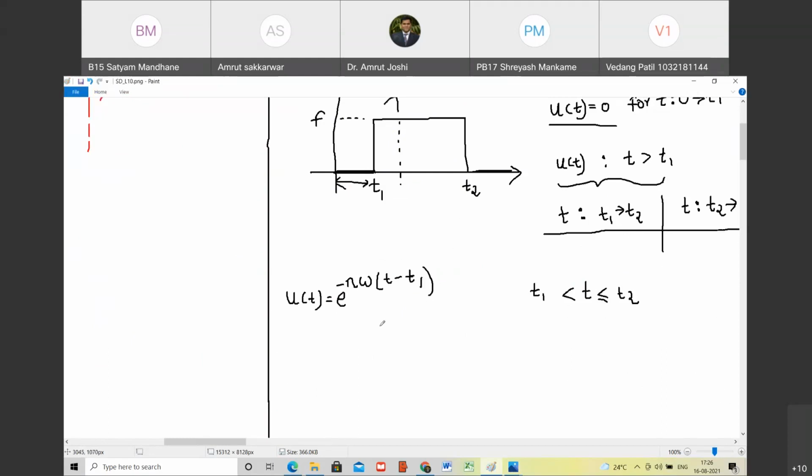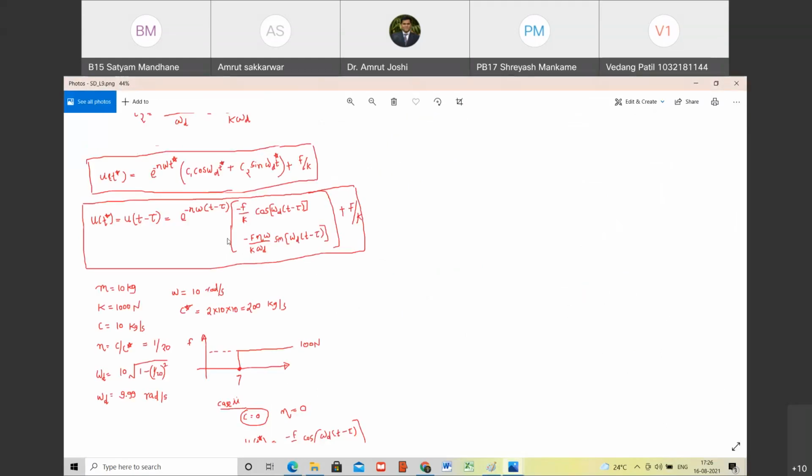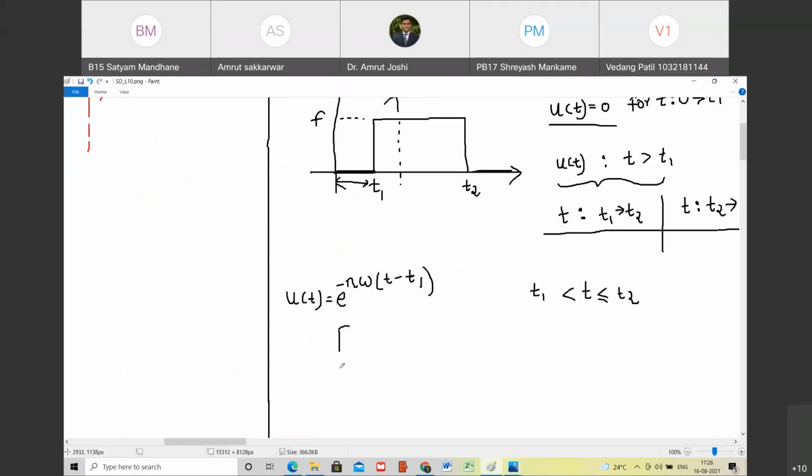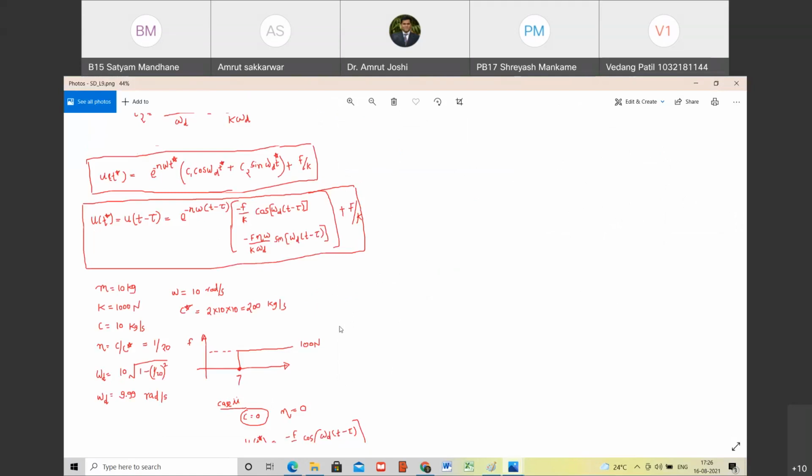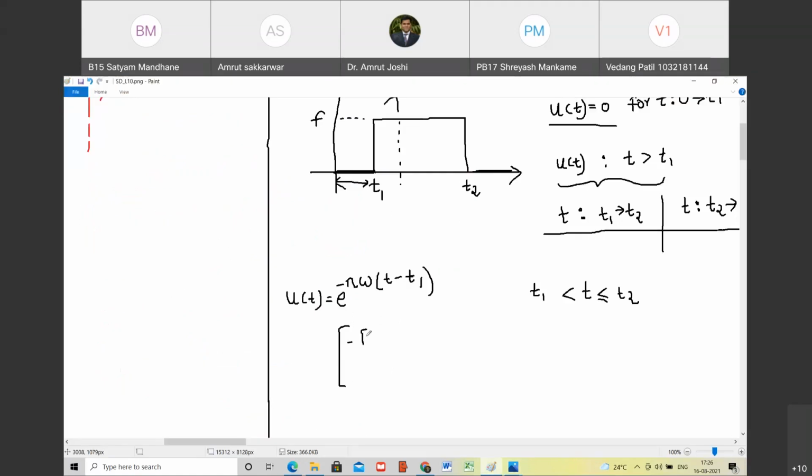Yes, so now look at the next term. What is next? In bracket, minus f by k. Do you agree with me? Yes. Minus f by k cos of omega d (t minus t1). Yes, very good.